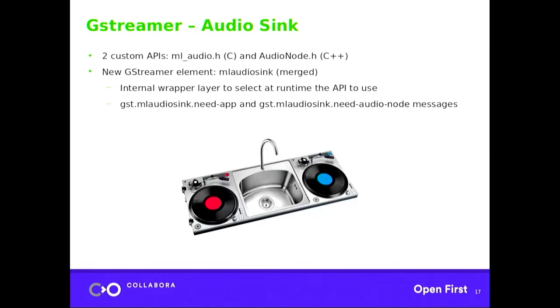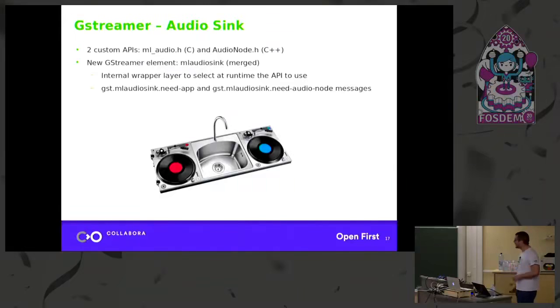Yeah, so if you look at those headers, it's weird because it's exactly the same API implemented twice, one in C and one in C++. So it's exactly the same calls. So I've written in GStreamer a wrapper again, so you can pick one of them at runtime.